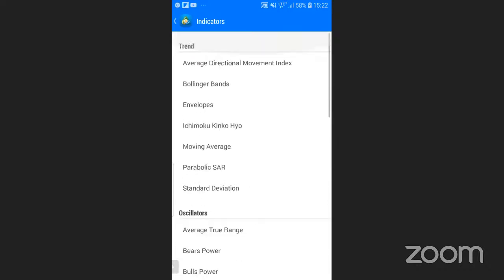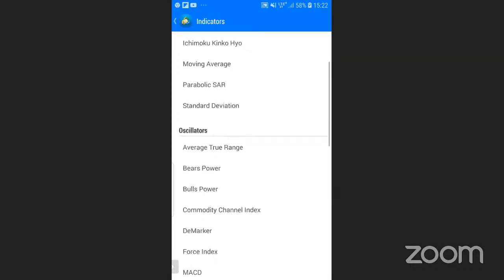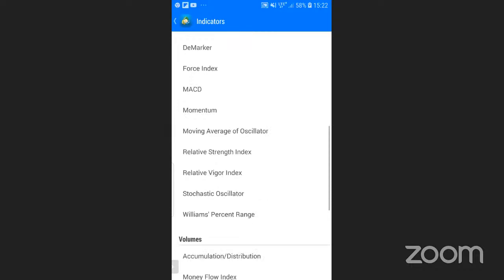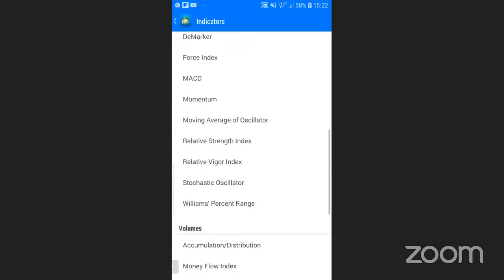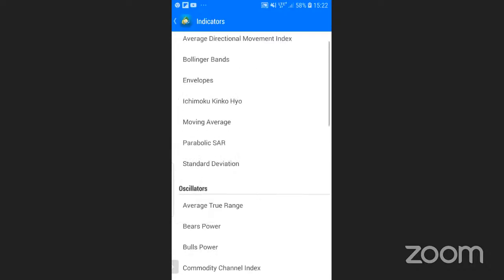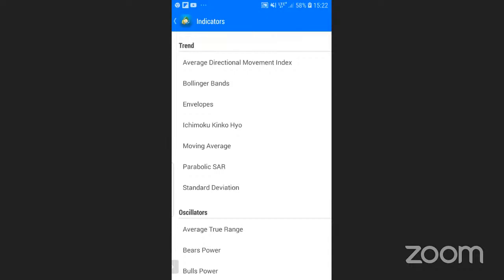We'll be learning about divergence. We'll be learning about MACD and RSI. Okay, those we can also learn about. Bollinger Band or parabolic zone.